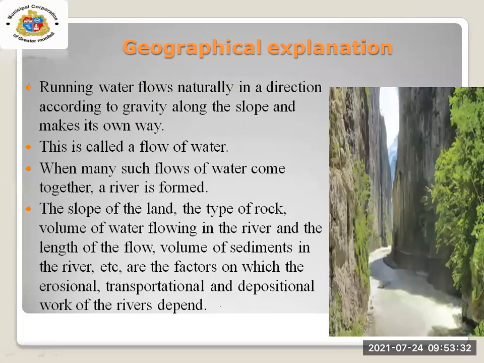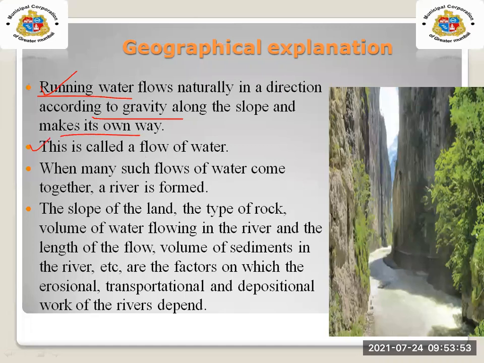So the first agent of erosion is running water, that is river. Running water flows naturally in a direction according to the gravity along the slope and makes its own way.